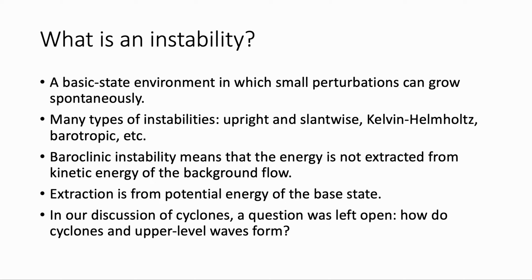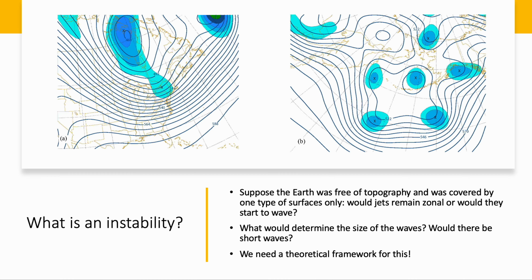Okay, and how is this discussion of baroclinic instability helpful in our current discussion? Well, it's helpful because we still had no precise understanding of why cyclones form, why upper level waves form. Okay, so if we look at this figure here, we have two different waves, right? And what leads to the generation of these waves, and what makes the formation of cyclones possible?